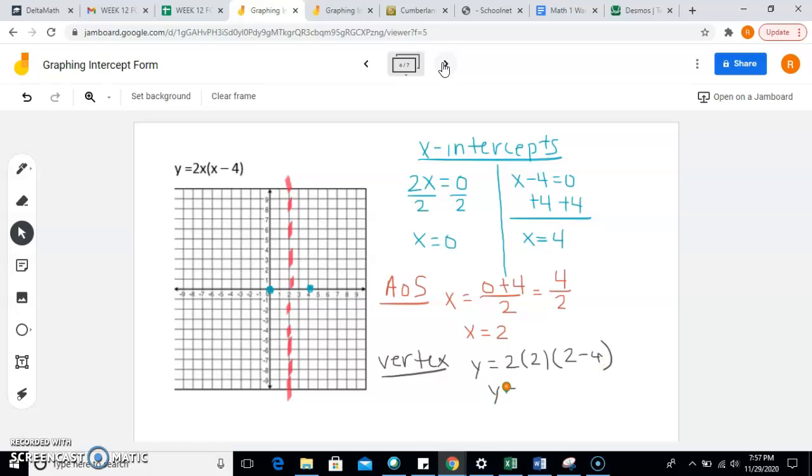So that would give us 4 times -2. So this one gives us -8. Which will be at the bottom. So this one opens up.